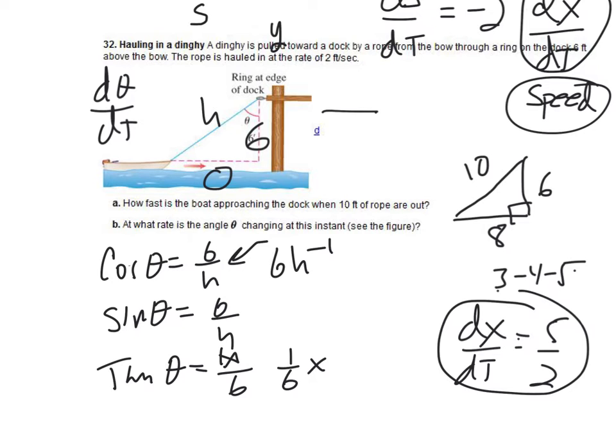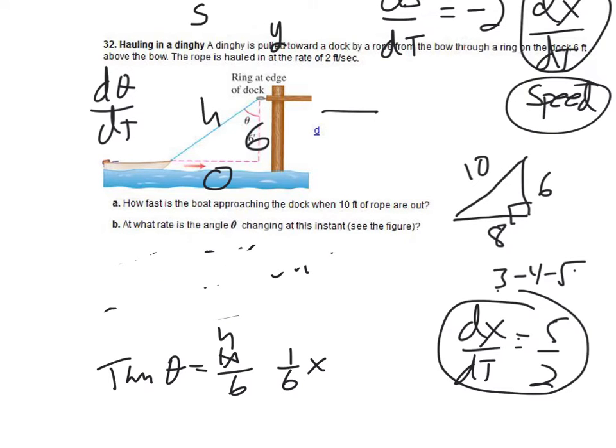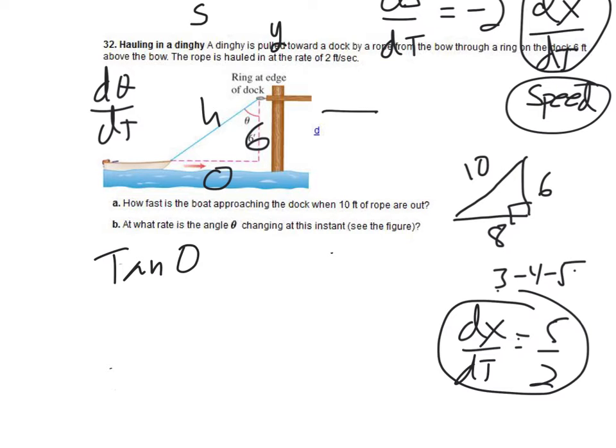You could probably use the reciprocal ratios too, but I think the tangent looks easiest, and that's what I'm going to choose to use. So let me clean this up a little bit. I'll probably just have to redo everything, so I'll just erase it all. While you're watching me erase, so tan theta equals 1/6 x.